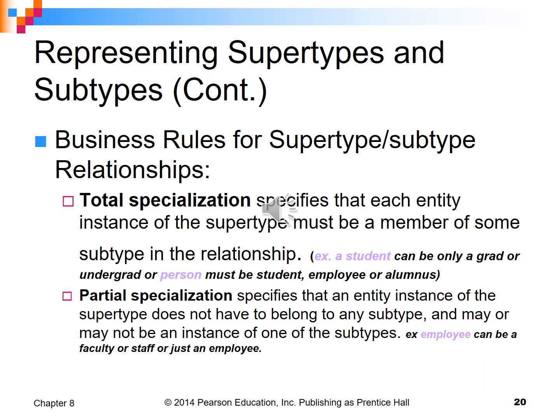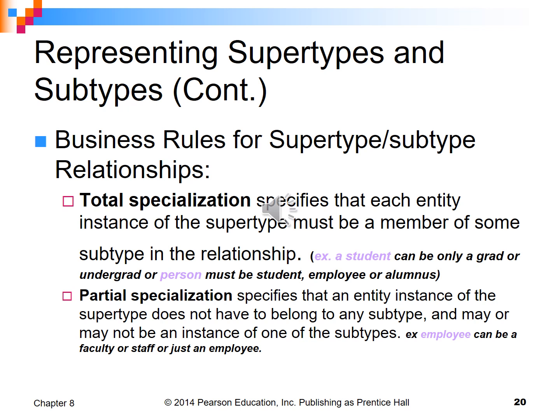Okay, what are total specialization and partial specialization? The total specialization rule demands that every entity in the superclass belong to some subclass. Just as in a regular ERD, total specialization is symbolized with a double line connection between entities, as we're going to see in the next example. The partial specialization rule allows an entity to not belong to any of the subclasses.